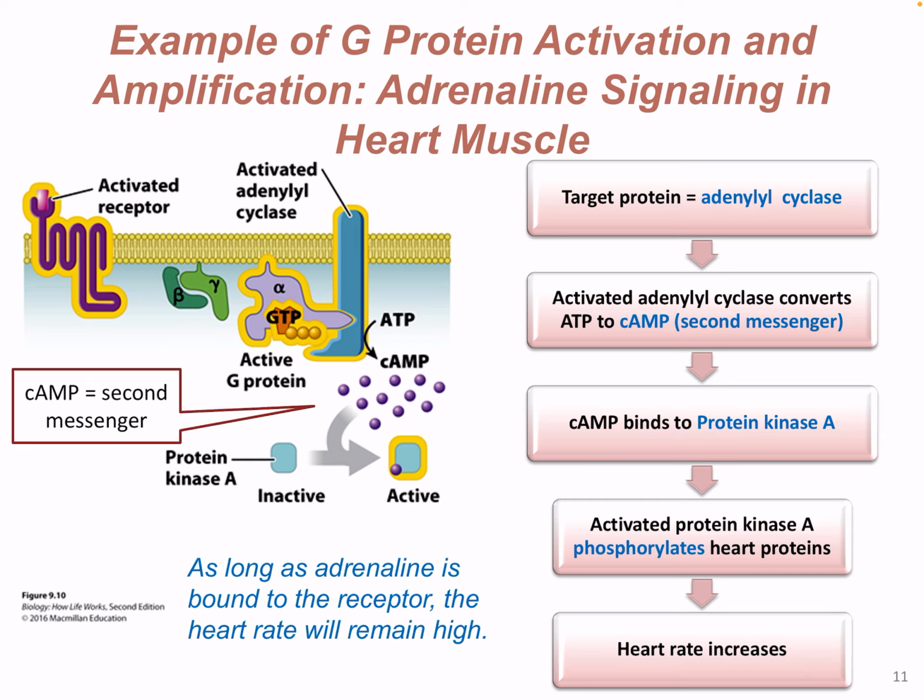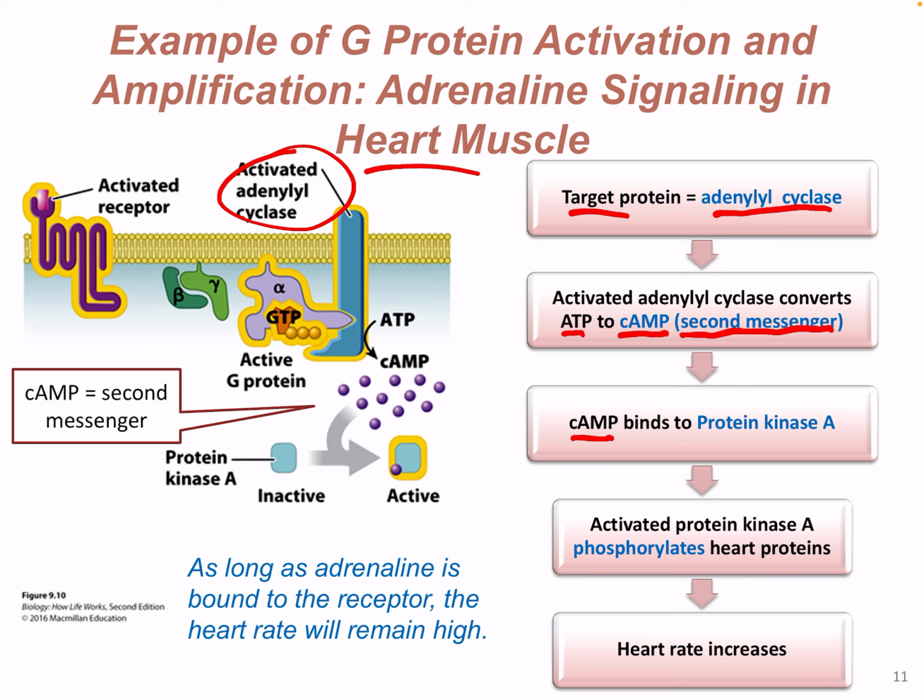One example of G-protein activation and amplification is the adrenaline signaling in the heart muscle. Essentially, kind of like a fight or flight response to increase our heart rate. The target protein in this scenario is adenylyl cyclase. Here we can see activated adenylyl cyclase. This activated adenylyl cyclase converts ATP to cyclic AMP, which is our cAMP, which is considered a second messenger.